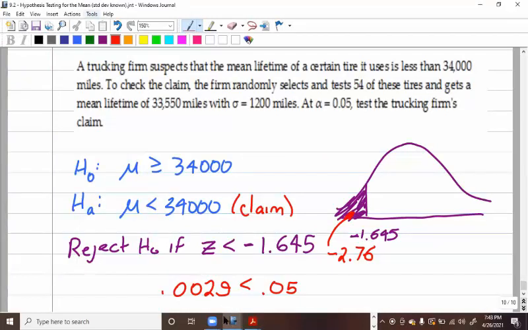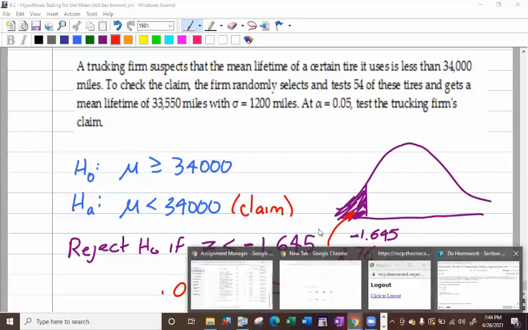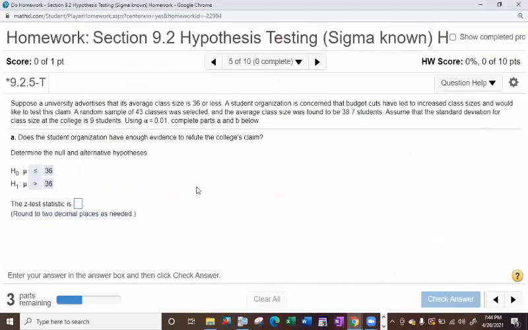I hope I was on the right thing. All right, so 30 SC. We know 36 is what we're testing against.